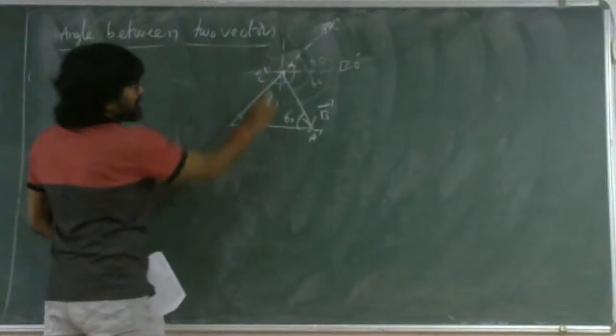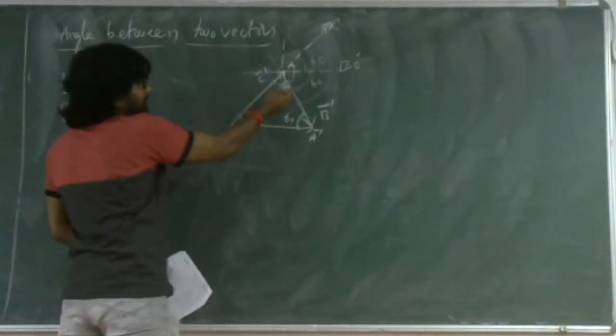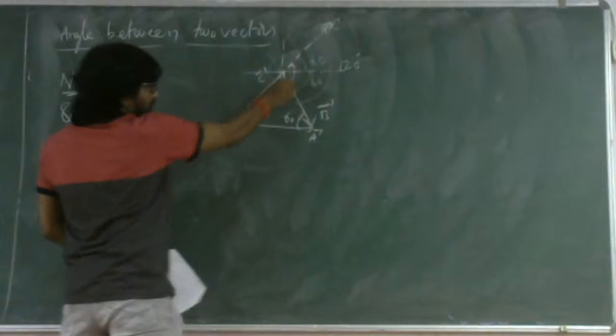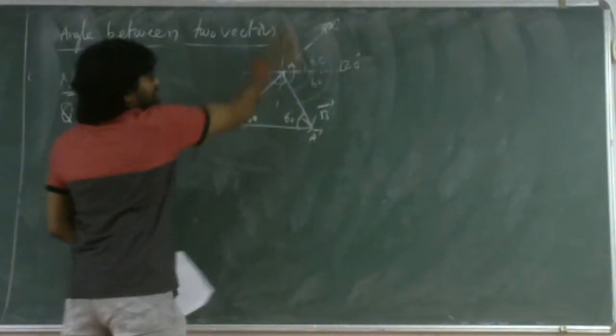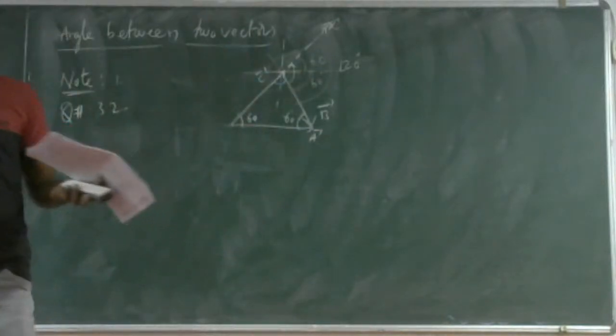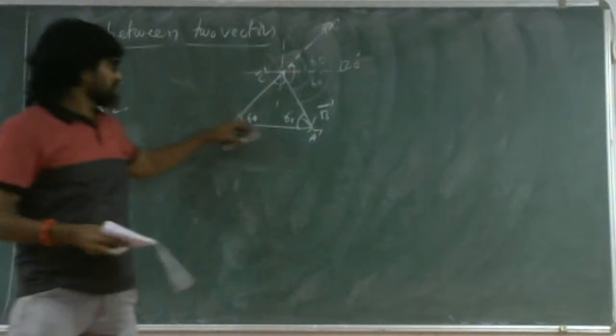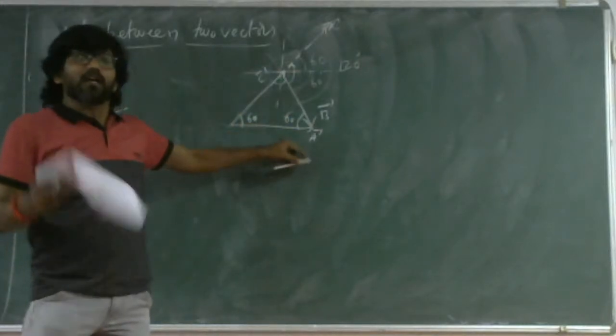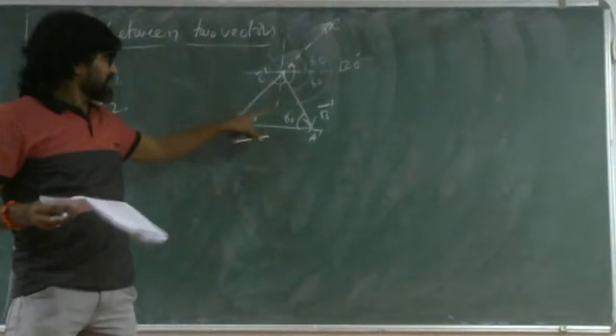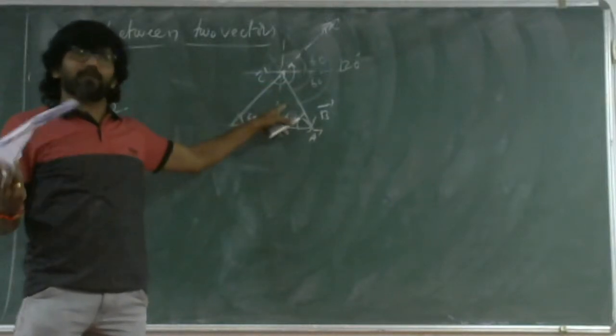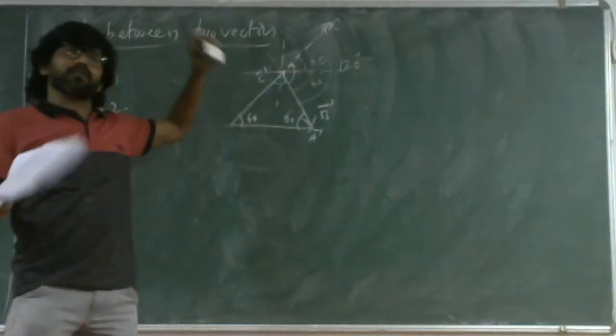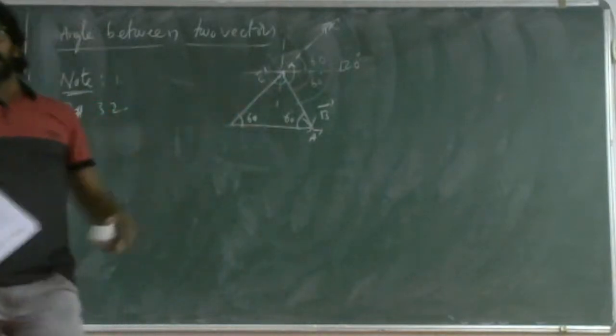That way, this is 60 you can take. That way also we can take it. The total is 180 minus 60, which is 120. Because the 60 and 60 means an equilateral triangle, provided, but you don't know. Actually, this 60 means the sum of the angles of the triangle should be 180 only. So this should be 180, 60 only. That way also we can take it.